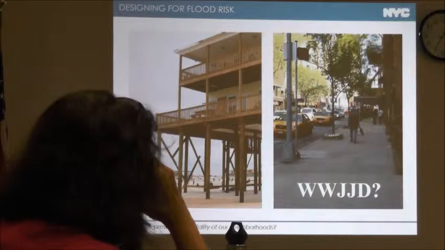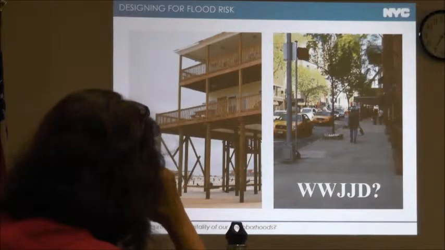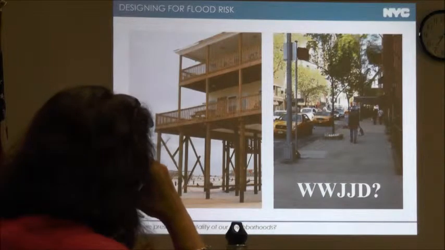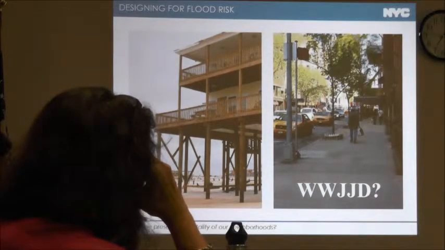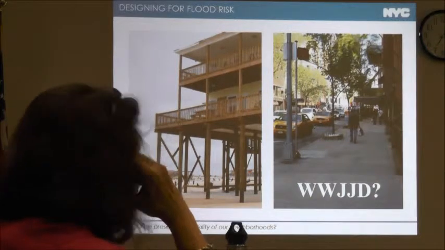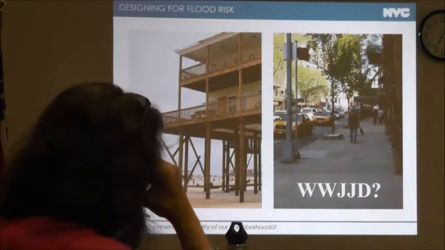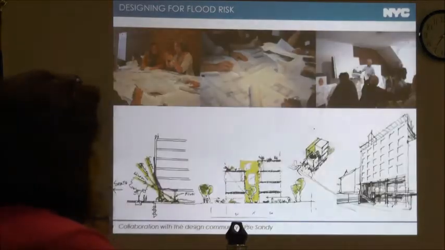One of these acronyms here is actually: what would Jane Jacobs do? So the way that we've been framing the conversation about how to design the flood zone is really premised with the idea that we want to preserve the character of our neighborhoods and find ways to make buildings more safe at the same time making our neighborhoods more livable.